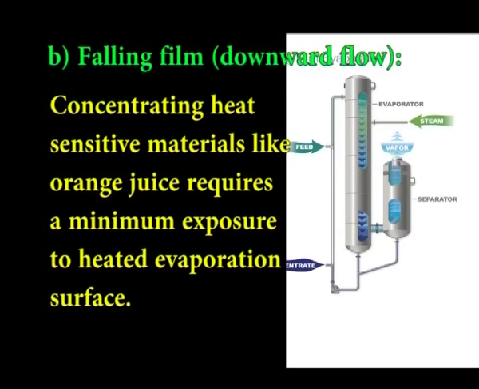In falling film evaporators, where the flow is downwards, concentration occurs for the heat sensitive materials. For example, orange juice requires minimum exposure to heated surface.